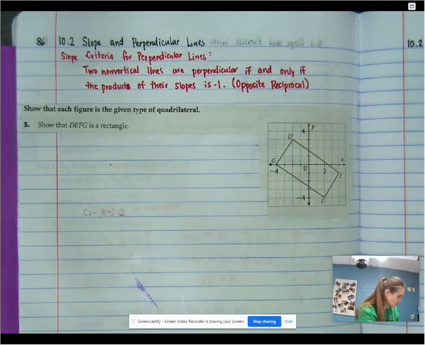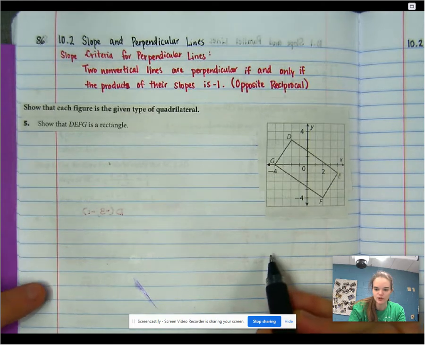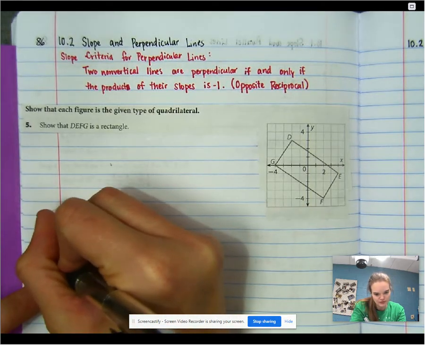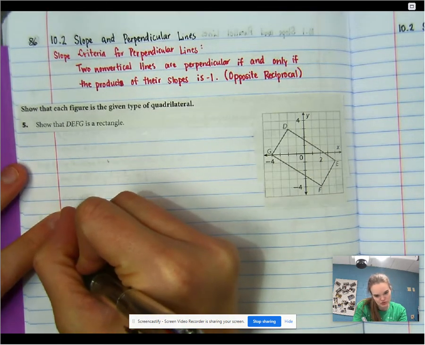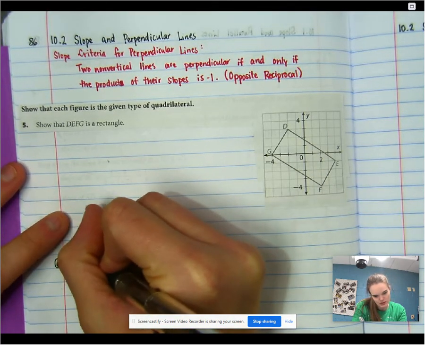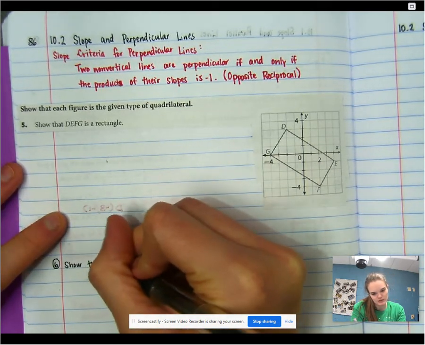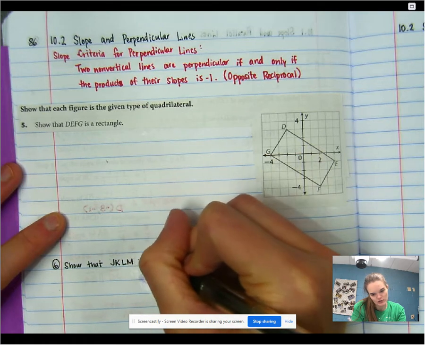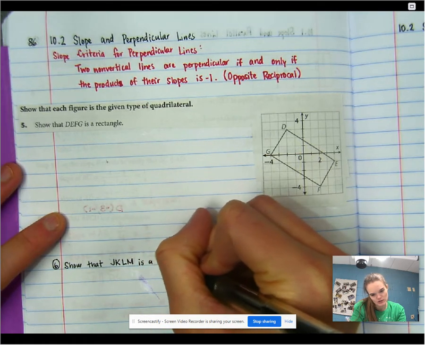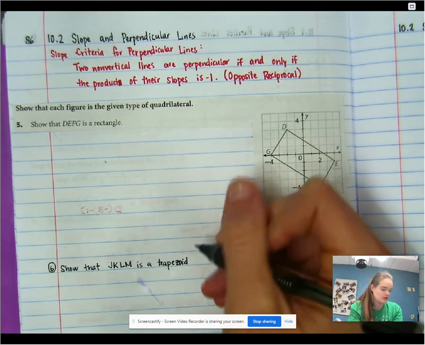Okay. And then we're going to write the instructions real quick for number 6. So skip just 2 lines right underneath this and write number 6. Number 6 is going to say, show that JKLM is a trapezoid with 2 right angles.